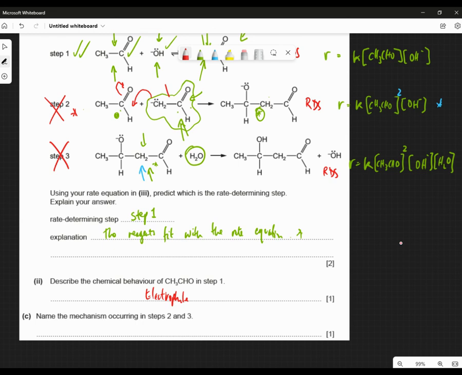So this thing here is acting as a nucleophile because it's attacking this. So it's nucleophilic, and it jumps on there to form this. And then what happens here? It reacts with water. I'd say this is a nucleophilic elimination reaction.